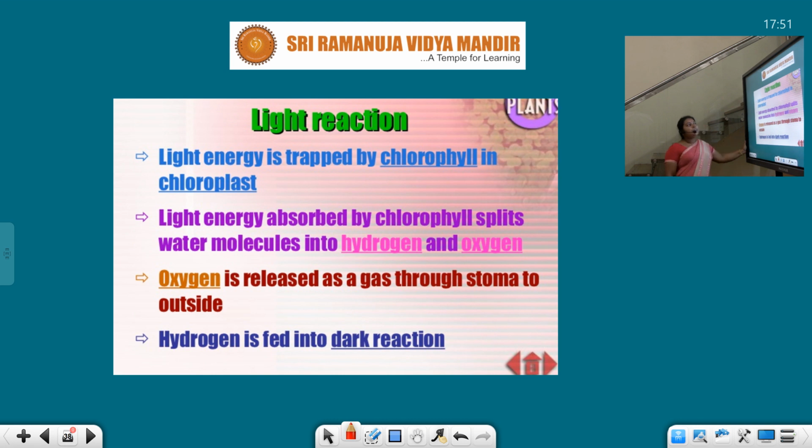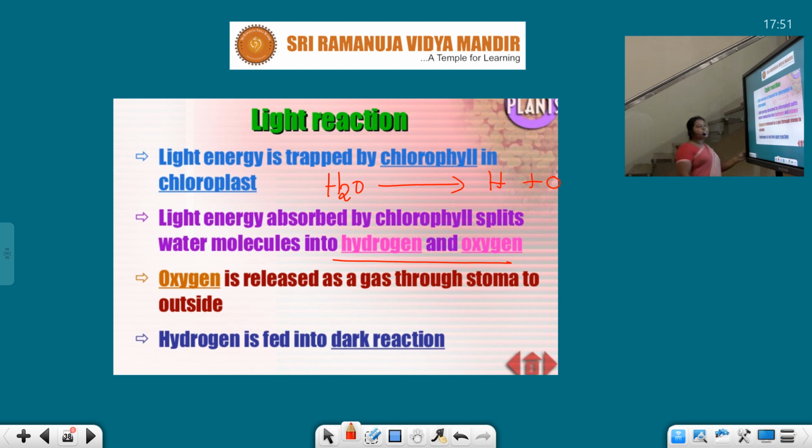Light reaction. Light energy is trapped by the chlorophyll in the chloroplast. Light energy absorbed by the chlorophyll splits the water molecule into hydrogen and oxygen. Important, see here, light helps in the splitting of the water molecule into hydrogen and oxygen.